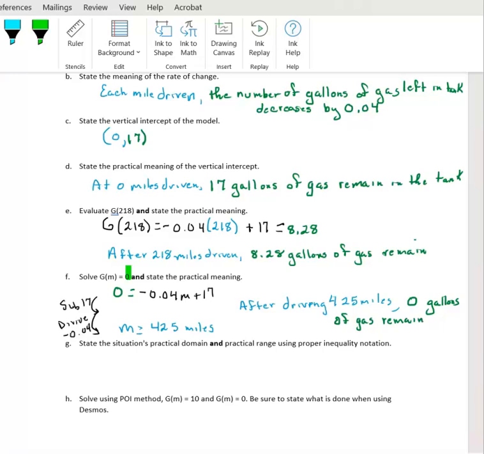Keeping in line with what we wrote in part D, I'm just repeating that language, but you can definitely say after driving 425 miles, the tank is empty.